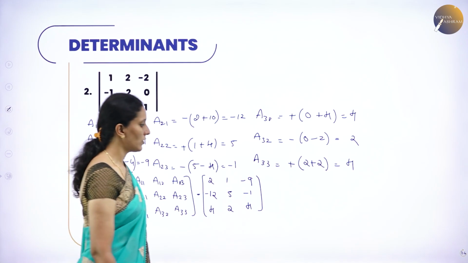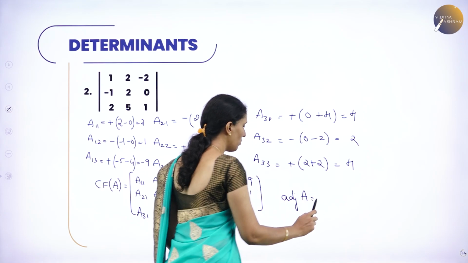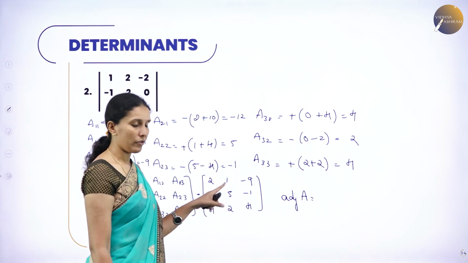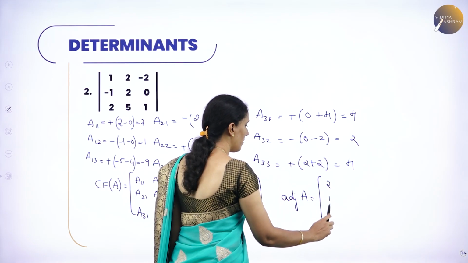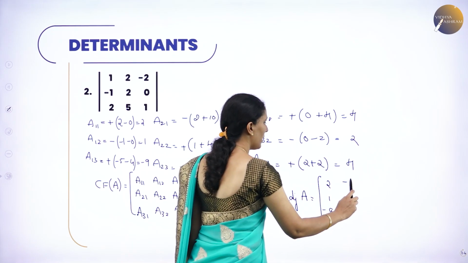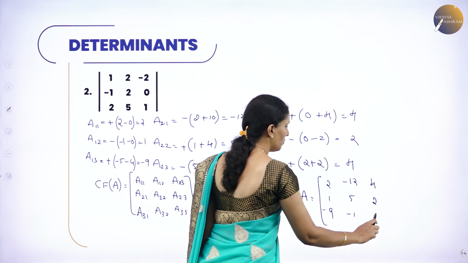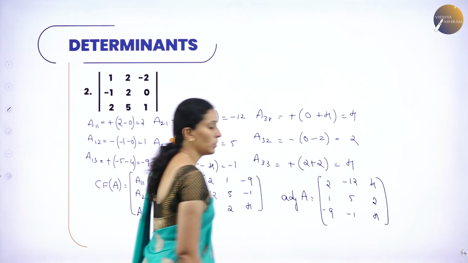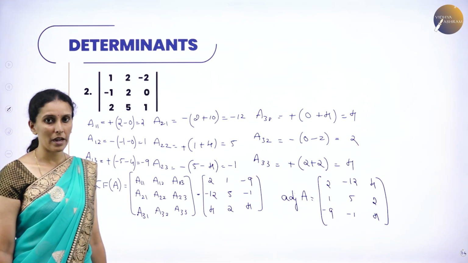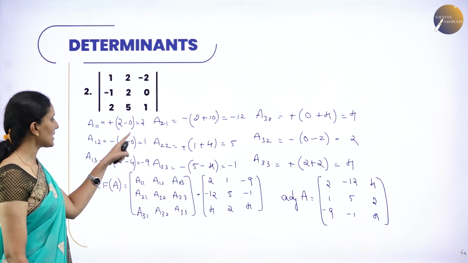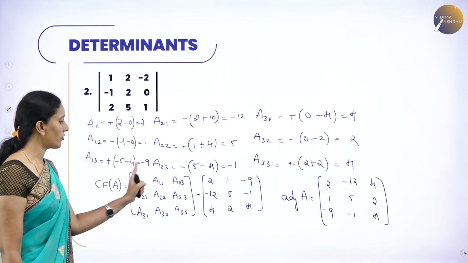Now let us write the adjoint. What is adjoint? Adjoint A is equal to, you should transpose this matrix. So interchange rows into columns. So 2, 1, minus 9, minus 12, 5, minus 1, 4, 2, 4. So this is how we are going to find the adjoint of a 3 cross 3 matrix. Thus, substituting the sign and finding the minors, we can find the cofactor matrix elements.